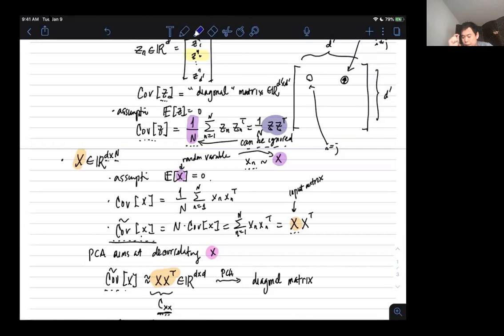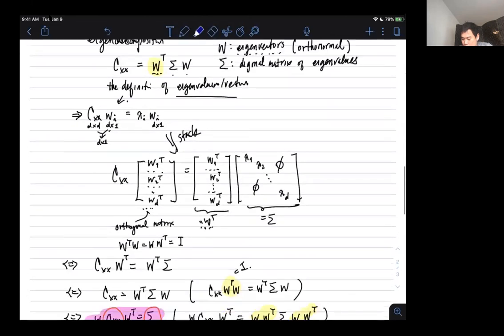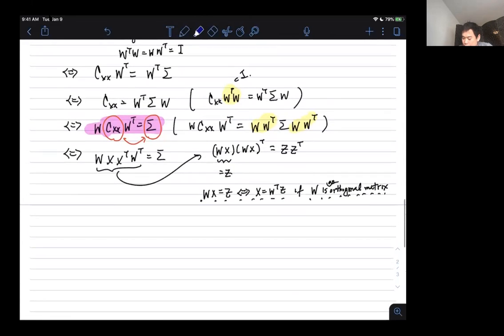If Z times Z transpose is diagonal, then however we multiply this matrix with the 1 over n, the covariance matrix is also going to be diagonal. And then we come down all the way, and what we notice is that we do have the Z times Z transpose here, and that is just sigma, which is a diagonal matrix.